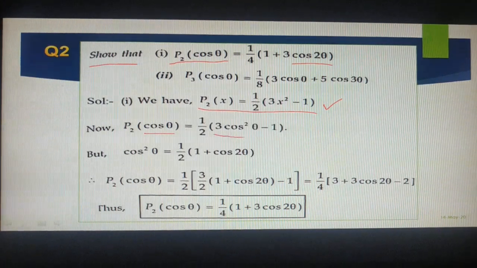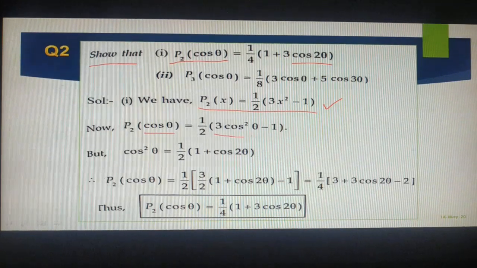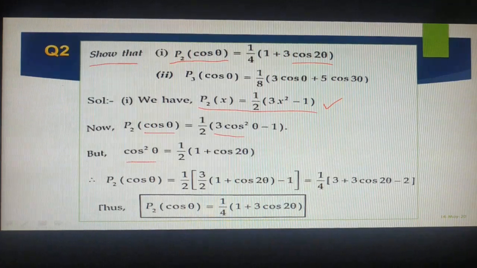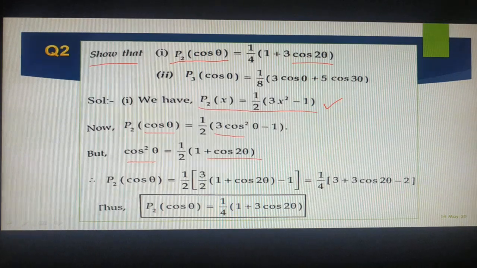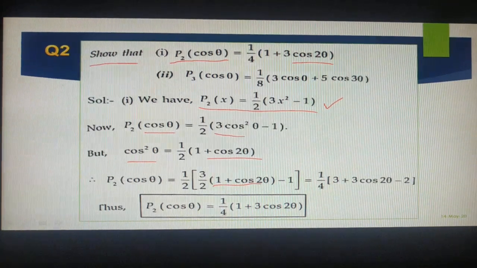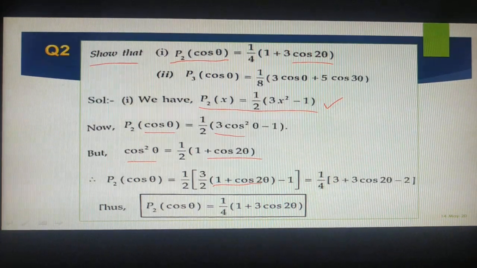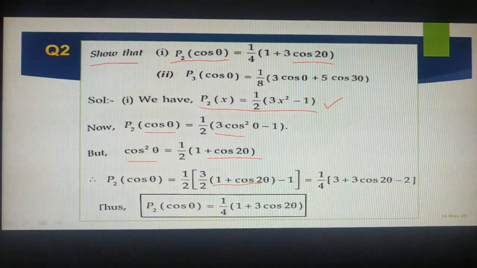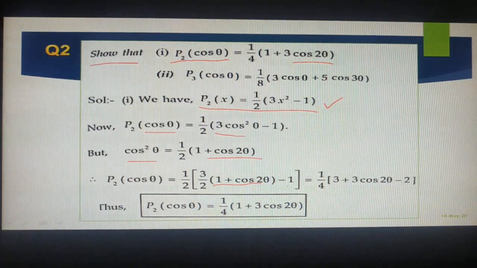So 1 by 2, this is our formula, 3 into x square, which means cos square theta, minus 1. And you know, cos square theta is nothing but 1 plus cos 2 theta by 2. So I am substituting 1 by 2, 3 by 2, 1 plus cos 2 theta, because cos square theta is 1 plus cos 2 theta by 2, and of course minus 1 is there.